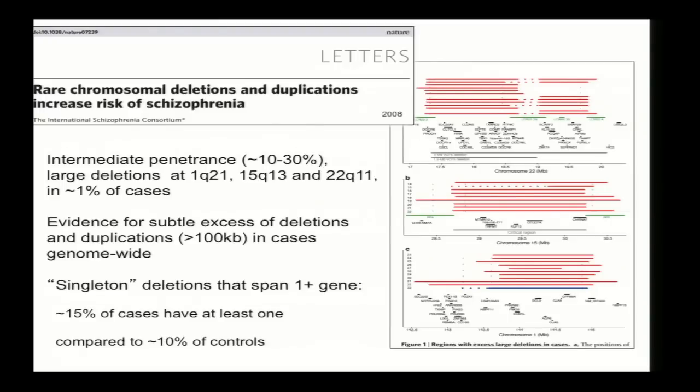A year or so later, a group here, including most of the people I mentioned before, Josh Korn and Shaun Purcell, doing analysis for the International Schizophrenia Consortium, found that the same thing was true in schizophrenia as in autism, which was that there were several loci at which there were recurring deletions in on the order of 0.5% to 1% of cases.